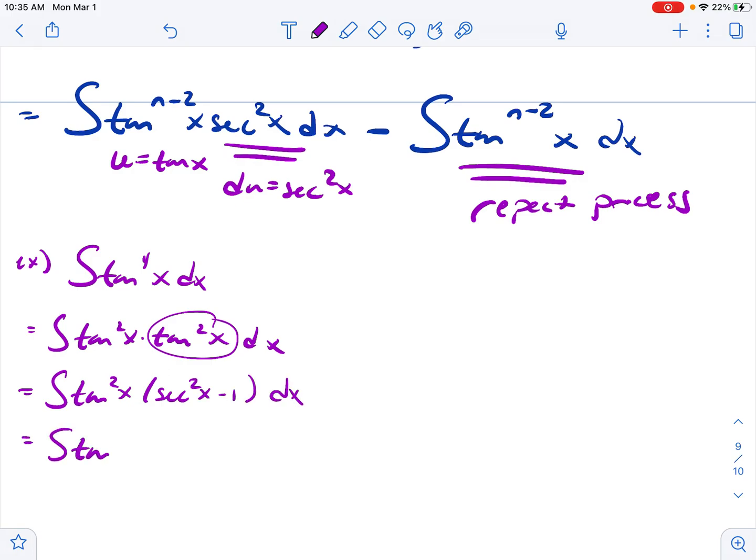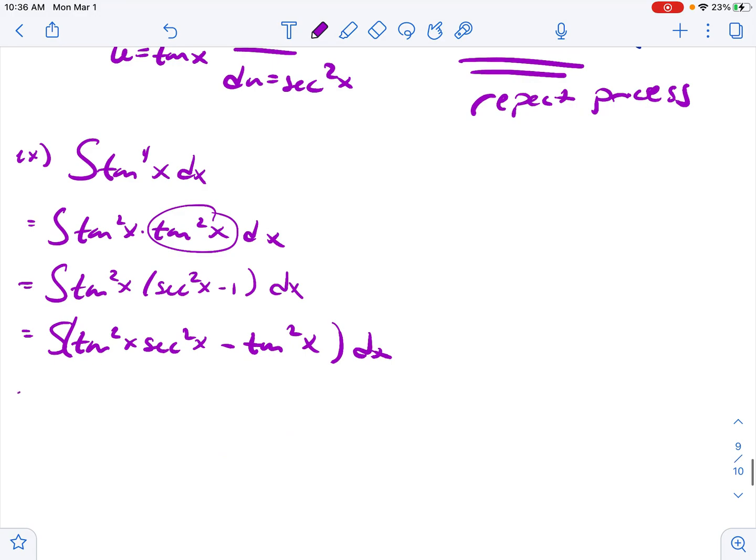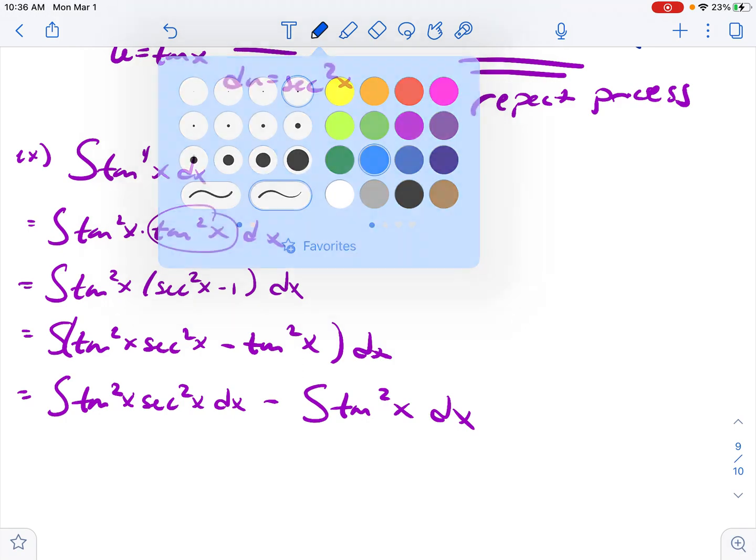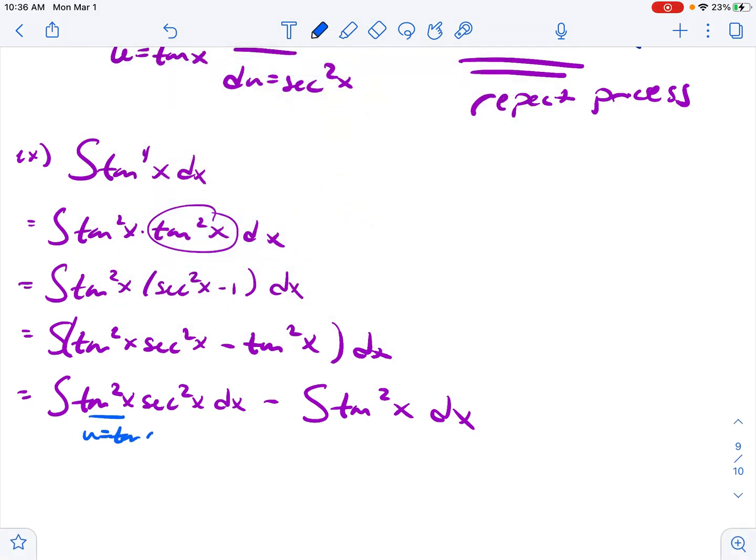I'm going to distribute. And now I'm going to break into two separate integrals. This is going to become the integral of tan squared x secant squared x dx minus the integral of tan squared x dx. This I can use u sub on.